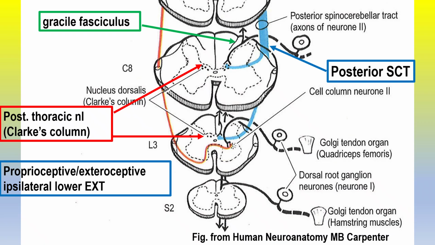This nucleus receives all types of primary afferent fibers, including those carrying information from lower limb muscles and joints, as well as cutaneous sensory data, via the gracile fasciculus.